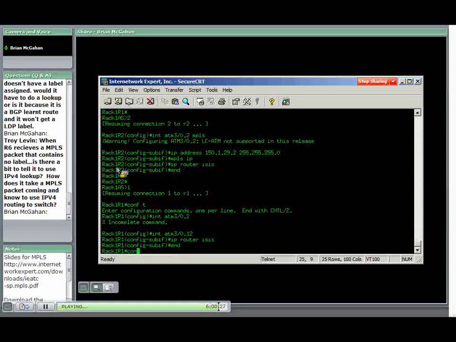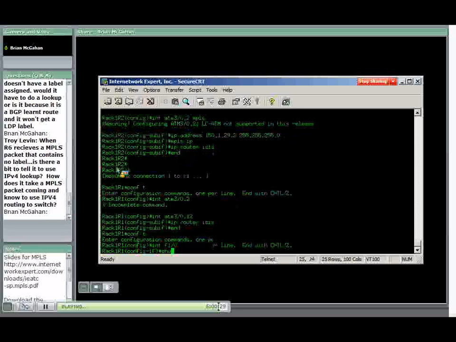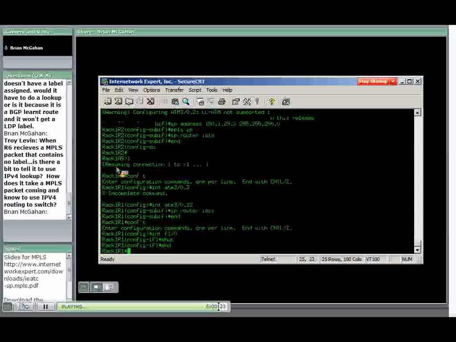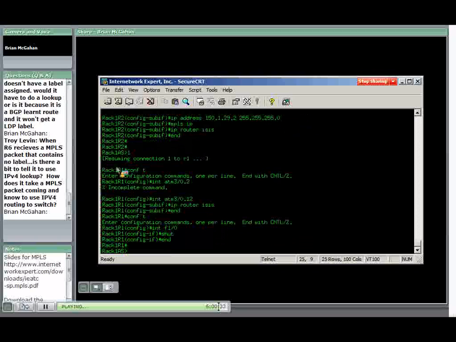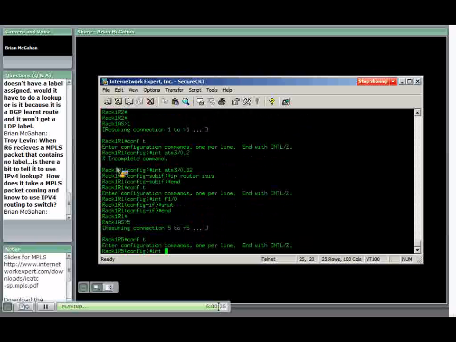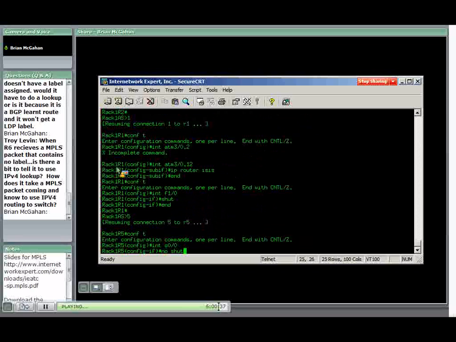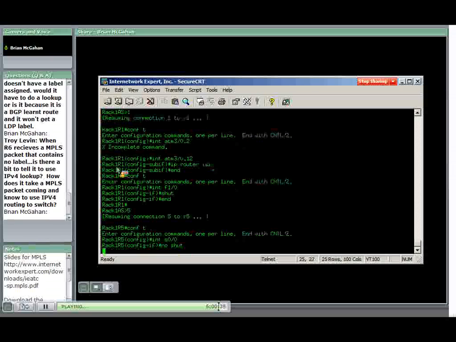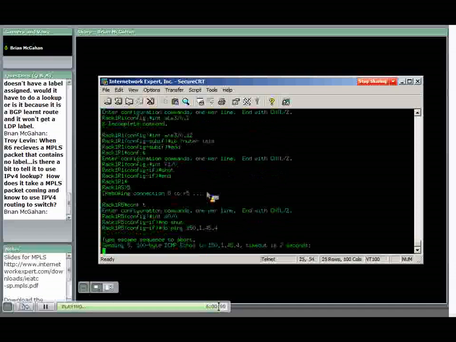We're going to run MPLS, tag switching IP. Additionally, we're going to change the control VC number. The default virtual path identifier and virtual channel identifier for cell mode MPLS is 0/32. We'll change it to 1/64 on this link. It's only locally significant to that particular link.